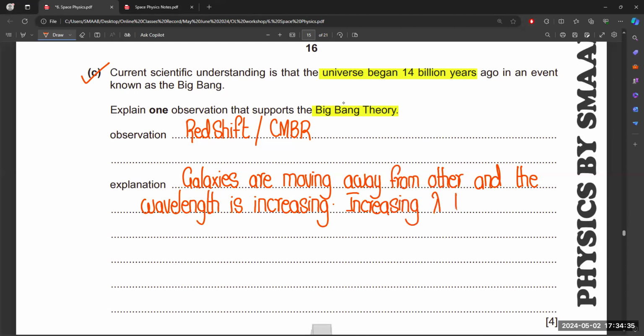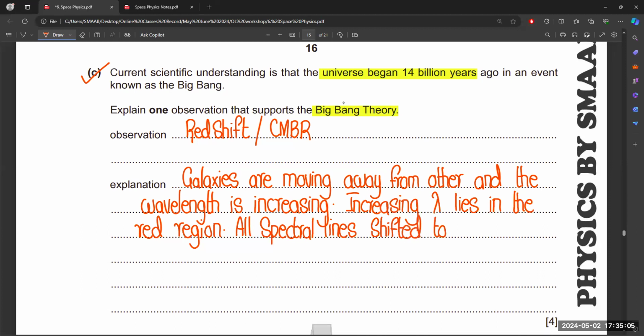With increasing wavelength, all spectral lines are shifted towards the red region.